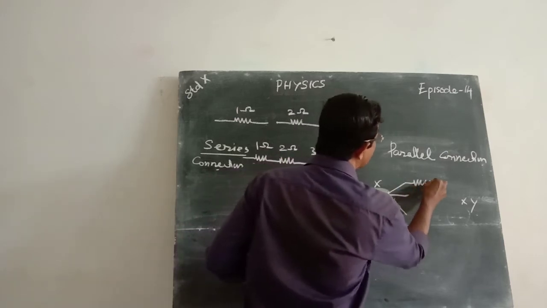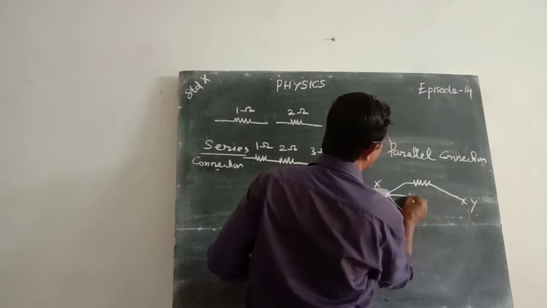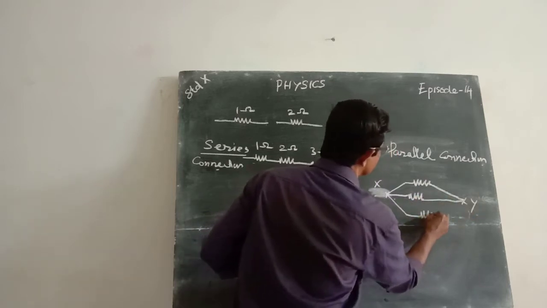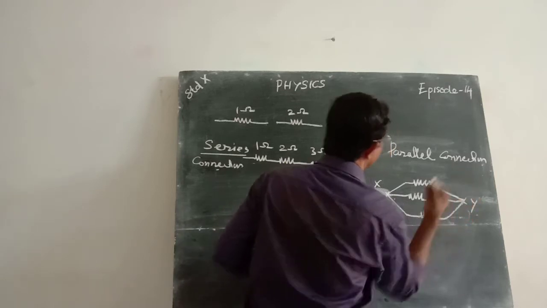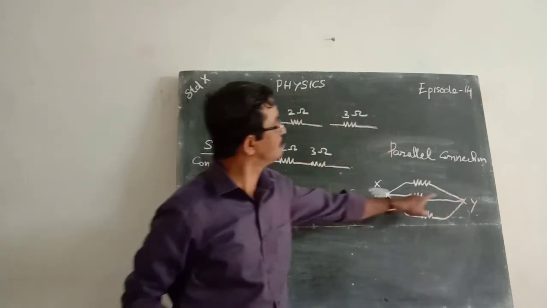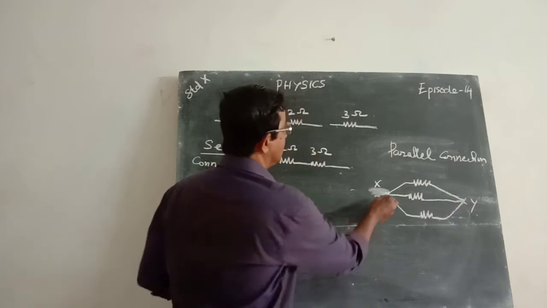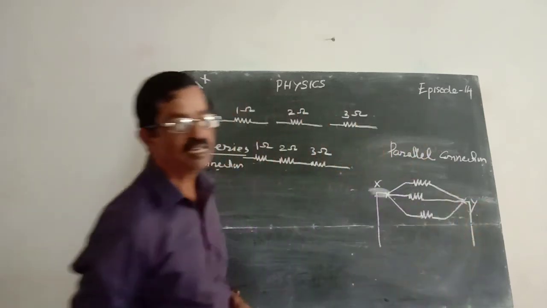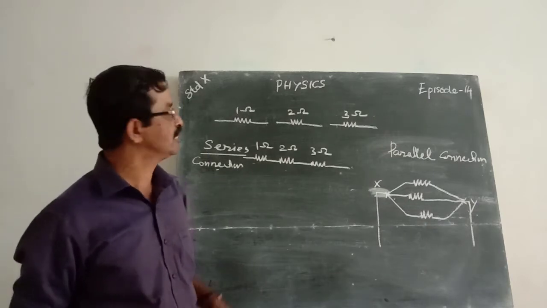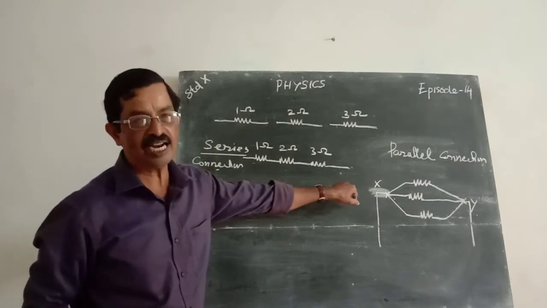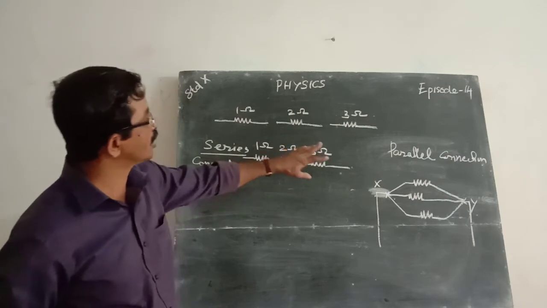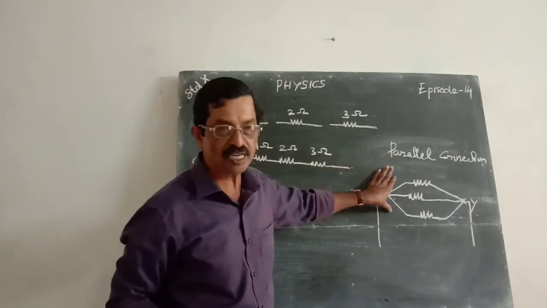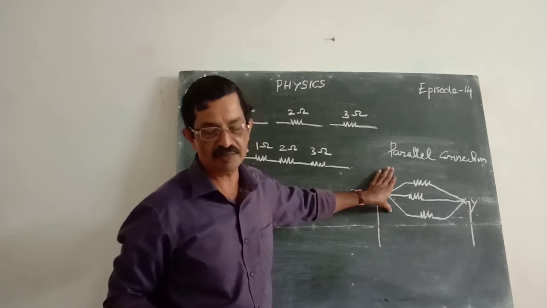If we connect these three resistors between the points X and Y, this type of connection is called a parallel connection. Now you have an idea about what a series connection is and also what a parallel connection is.